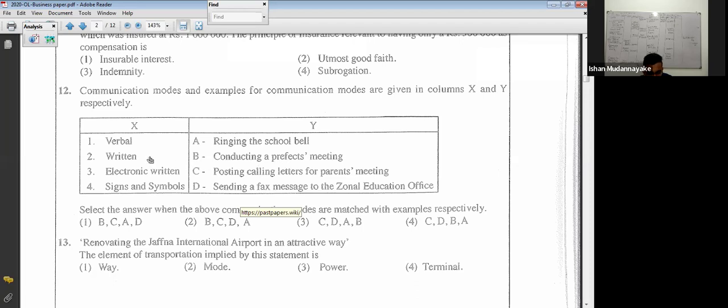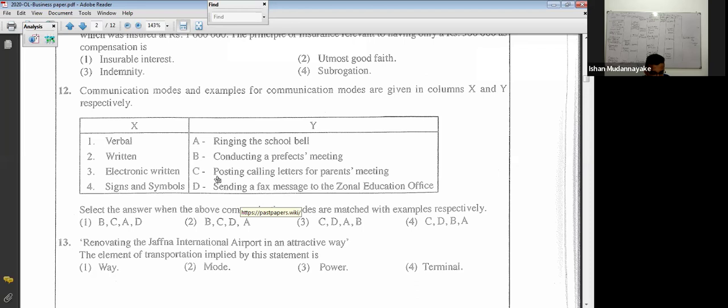Written, what's the written? Now here, written: posting calling letters for parents meeting.